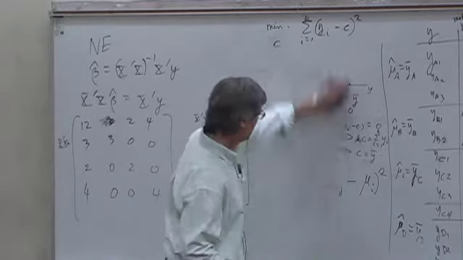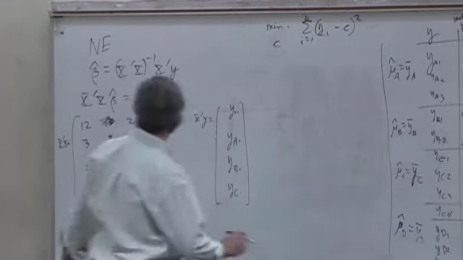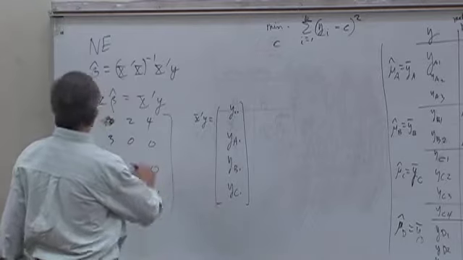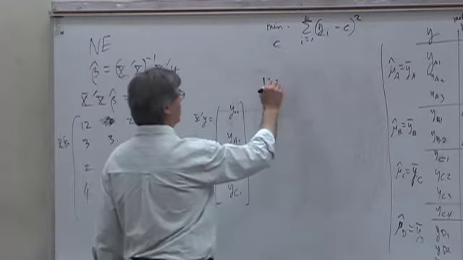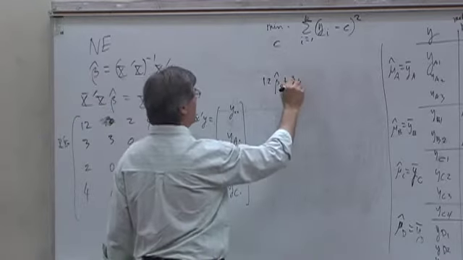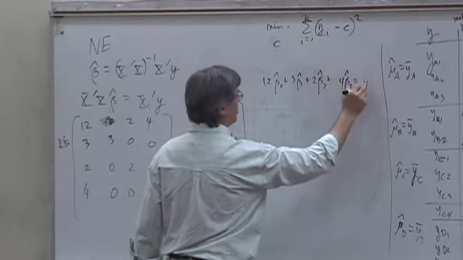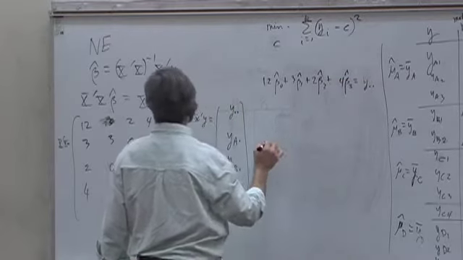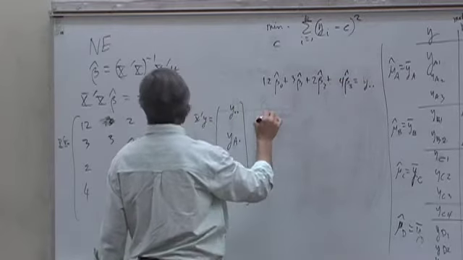The normal equation comes out to be: 12 beta 0 hat plus 3 beta 1 hat plus 2 beta 2 hat plus 4 beta 3 hat equals y double dot. 3 beta 0 hat plus 3 beta 1 hat equals y a dot. 2 beta 0 hat plus 2 beta 2 hat equals y b dot.